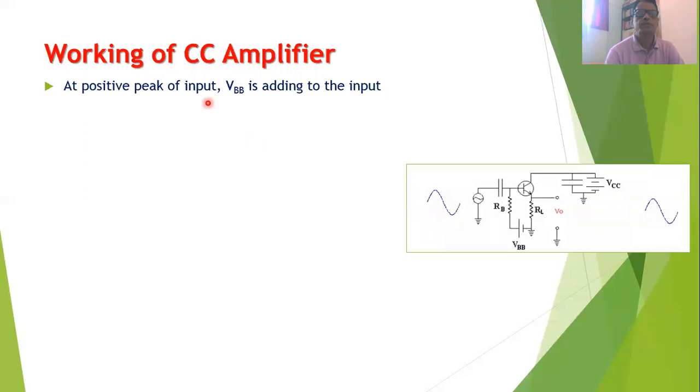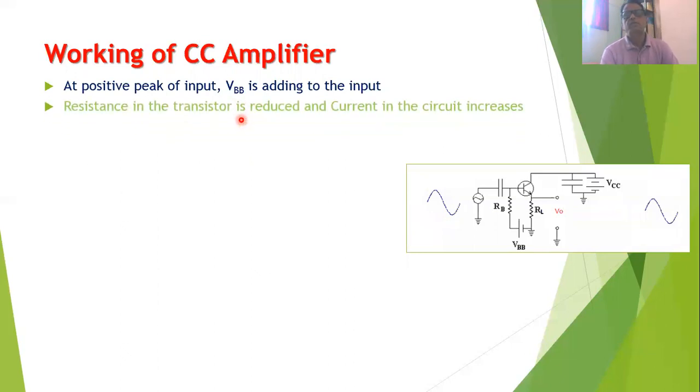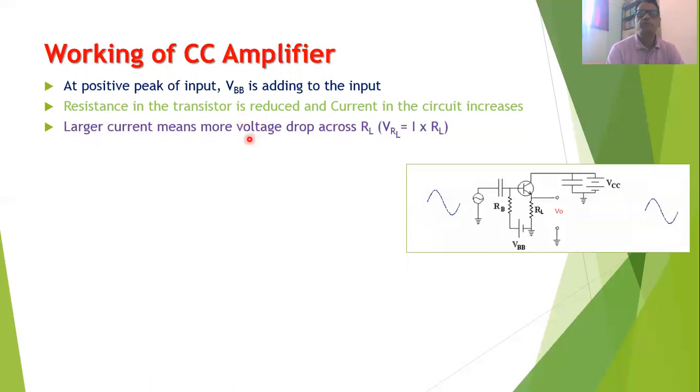When this positive half cycle is applied, this voltage will get added to VBB. Therefore, the resistance of the transistor is reduced and the current in the circuit will increase. Now, a larger current means there will be a larger voltage drop across RL. Therefore, VRL, which is equal to I into RL, will increase if I increases.